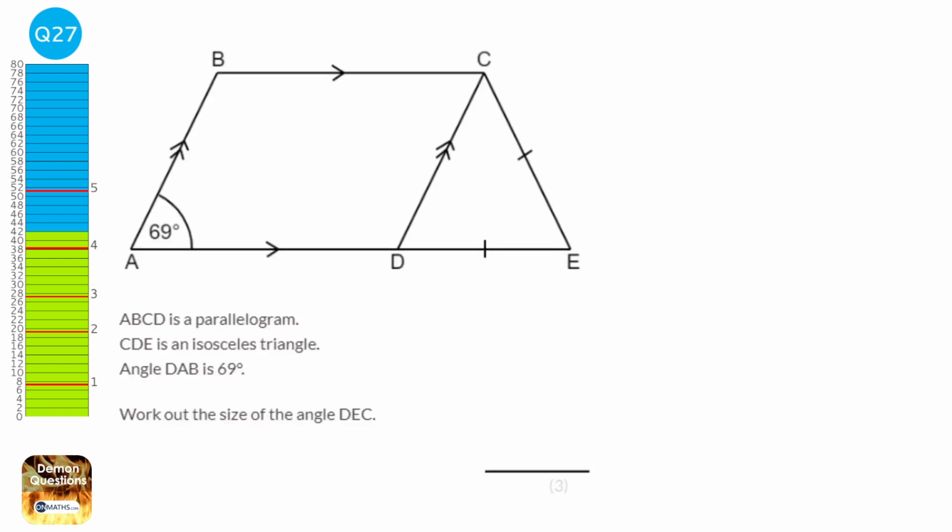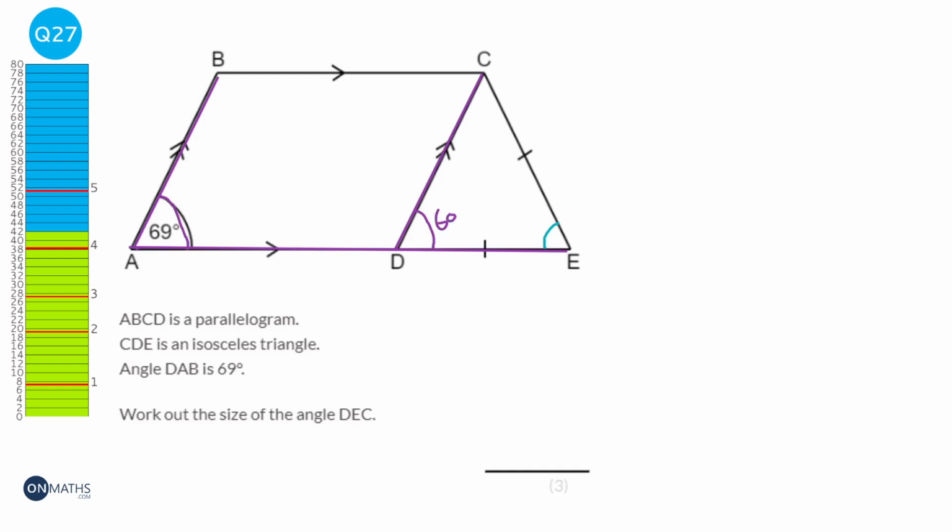So we're looking for angle DEC, which is this one here, but we can't go directly there. We've got to work our way towards it. And the first thing I'm going to look at is this set of parallel lines here. And we've got a line going through these parallel lines, which is this line here. And so therefore this angle here and this angle are going to be corresponding.